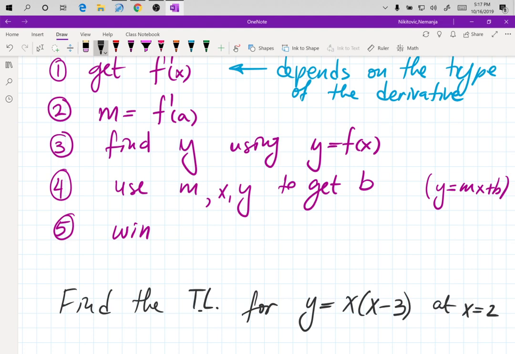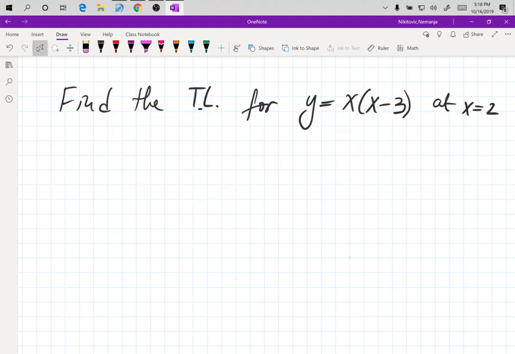Yes, you can go ahead and multiply this and use the basic derivative. We can also use the product rule, whatever. So to find this derivative, we know the procedure. Number 1, find the derivative. Number 2, plug 2 into the derivative to get m. Calculate y. You don't have y given, so you plug the 2 in and get the y. And then you can calculate b.